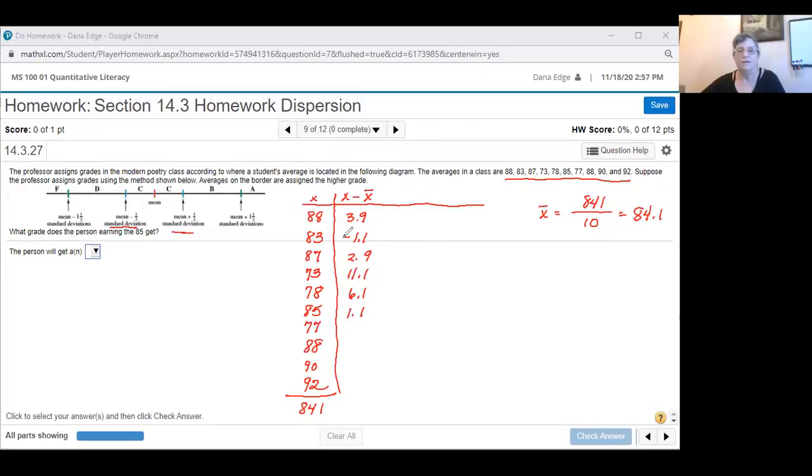Let's see. This one's a negative, this one's a negative, this one's a negative. We're really not going to care, just to do it right though. 7.1, also negative. 3.9, 5.9, and 7.9.